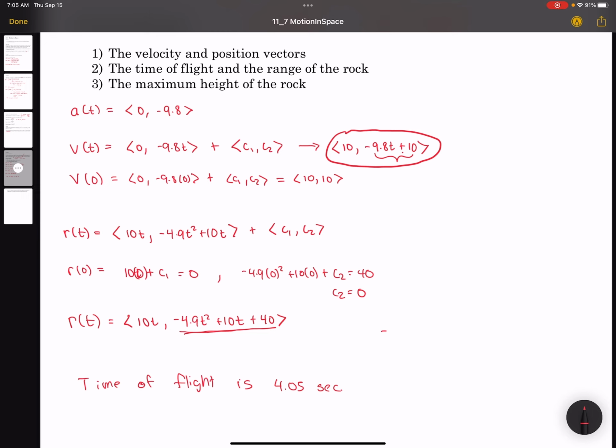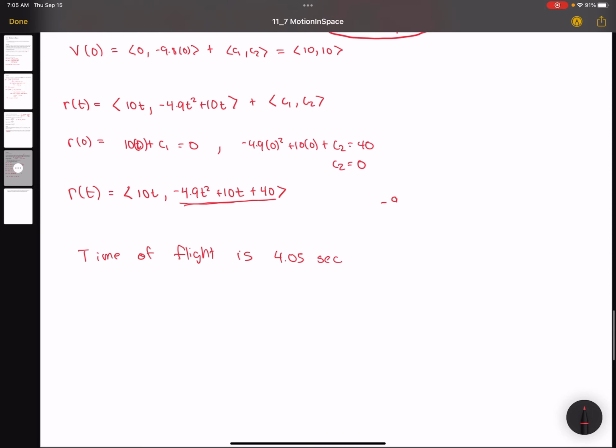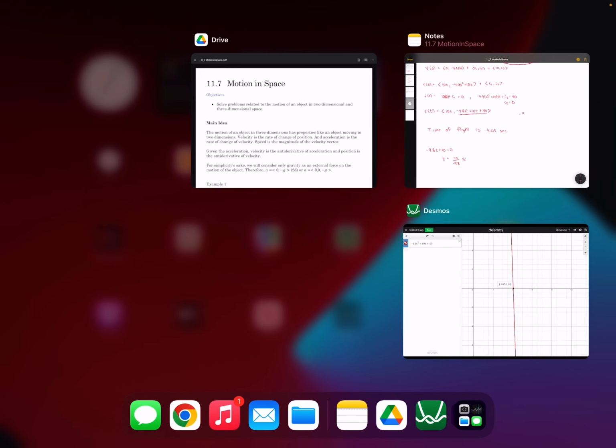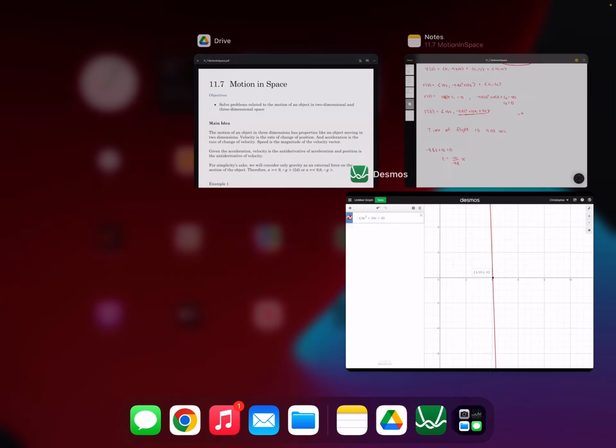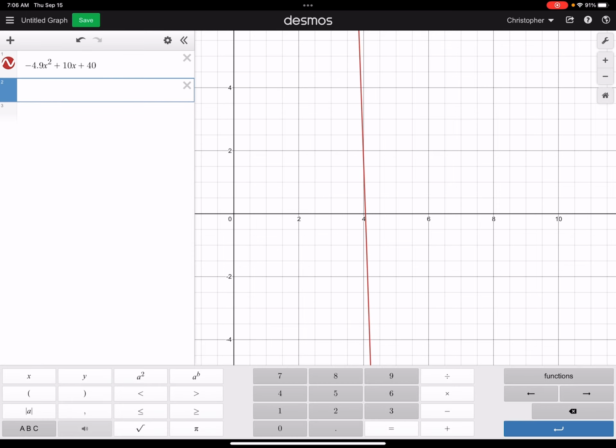So if negative 9.8t plus 10 equals 0, we're going to get t equals negative 10 divided by negative 9.8, which should be exactly the x coordinate of that parabola's maximum, but we can check anyway.